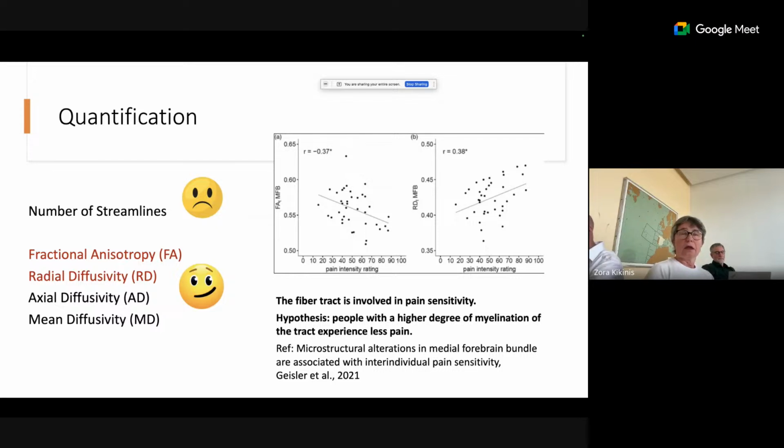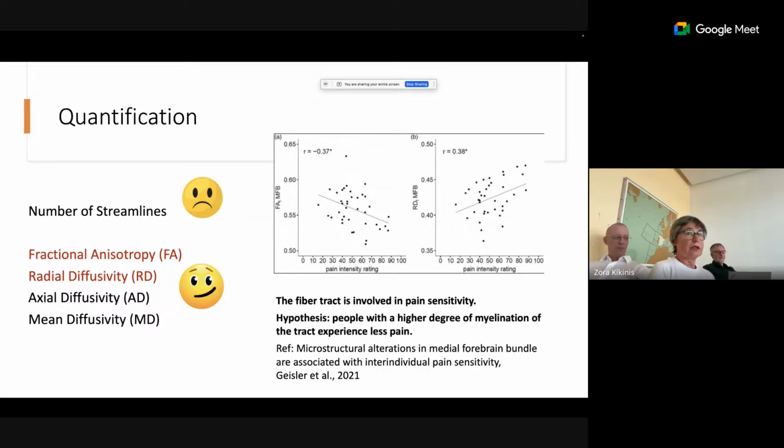So this is a study on participants that had been inflicted pain by heating up part of their body, by getting hot patches, and they had to report how painful it was. And here, what you see on the right is that the FA and the radial diffusivity of this particular track correlate with the pain intensity, with the rating of the pain intensity.